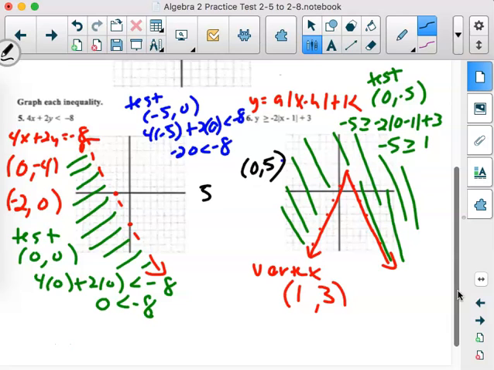And that would be 5 is greater than or equal to -2 times the absolute value of 0 minus 1 plus 3. Well, we already did the math for a 0 on the right-hand side. That came out to 1. Hey, we shaded in the right spot, because that's the spot that works. Up there. So far, so good? All right.